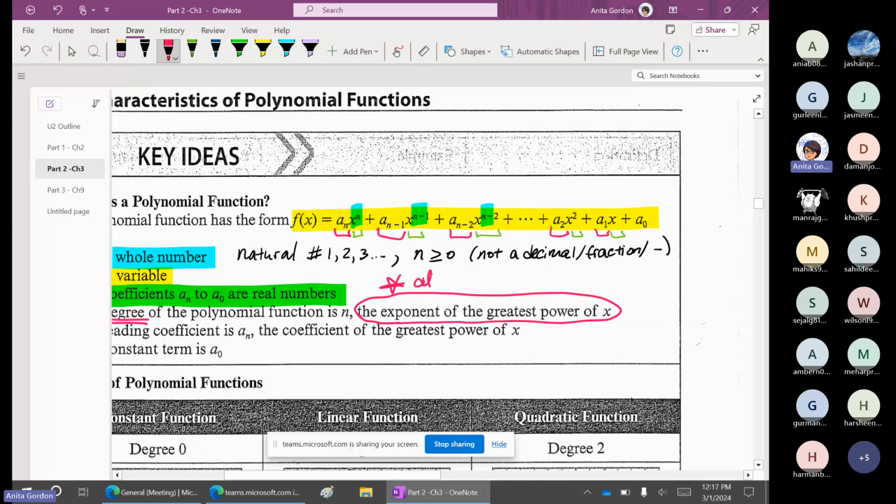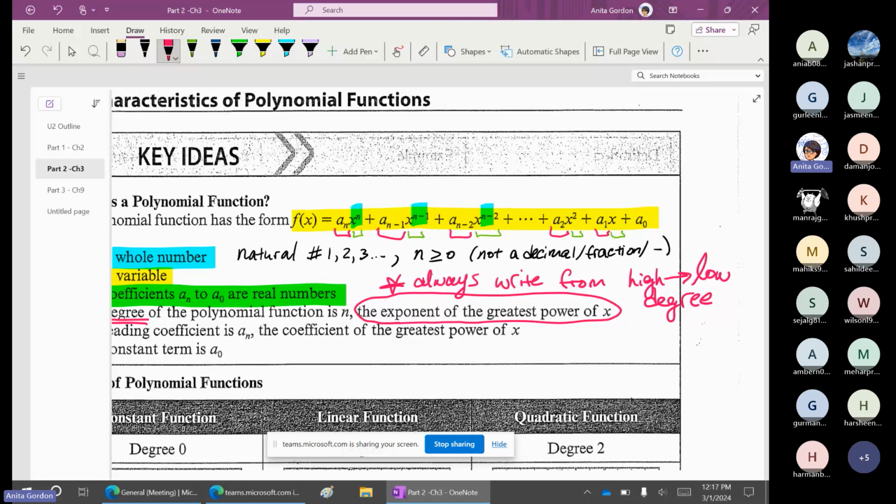We should always write from, let's say, high to low degree. Okay, we want our highest exponents at the front and then in order down to 0.